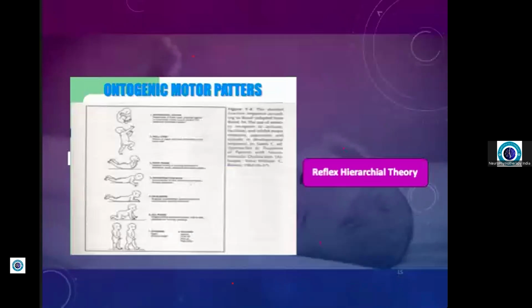That's what I said, like head control first, then the trunk, and then the leg. And these are the 8 positions they give. So basically, all these approaches I spoke of previously were based just on muscle re-education, whereas PNF or Rood were based upon the reflex hierarchical theory. Okay, next slide.